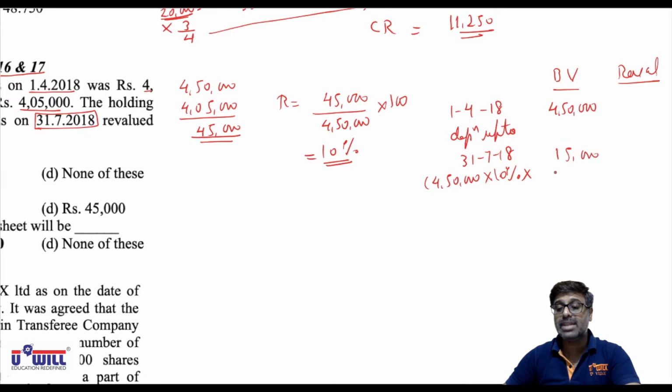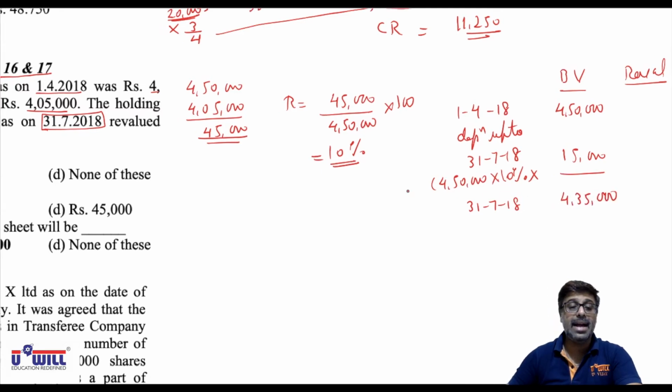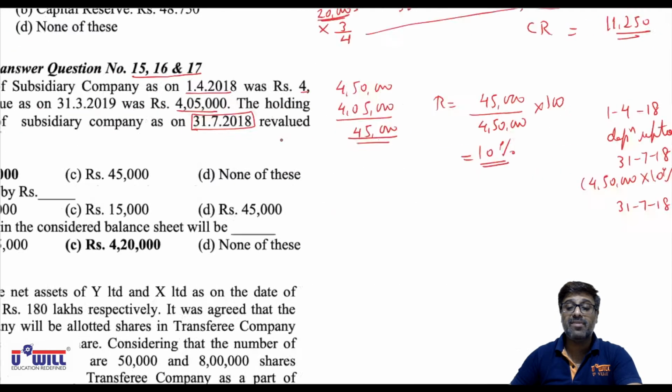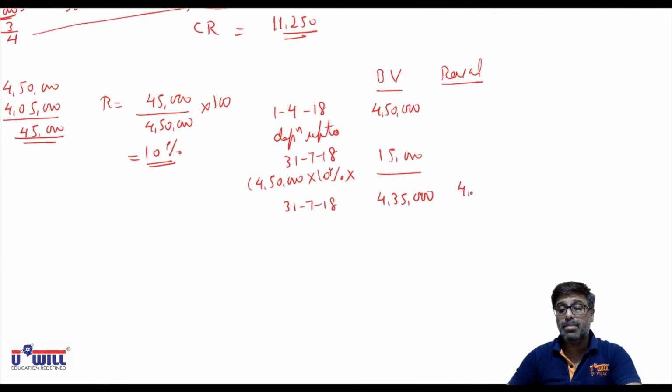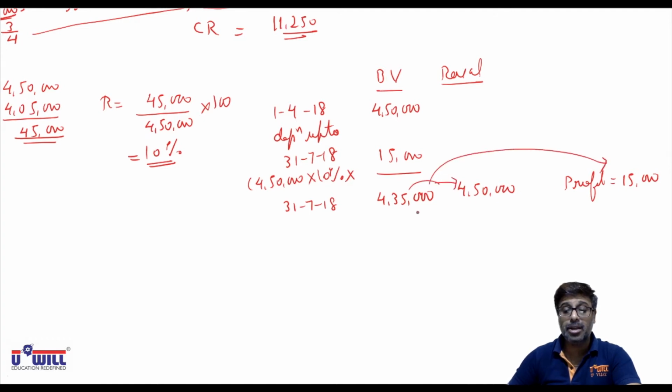It means when the shares are acquired, on 31/7/18, the book value is 4,35,000. Against that, the revaluation is done at 4,50,000, which means there is a revaluation gain or profit of 15,000.